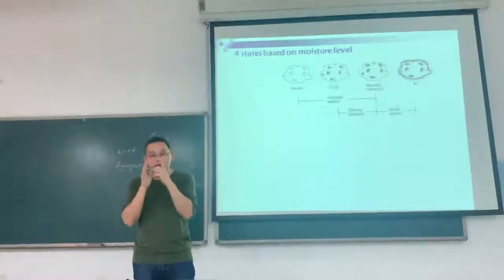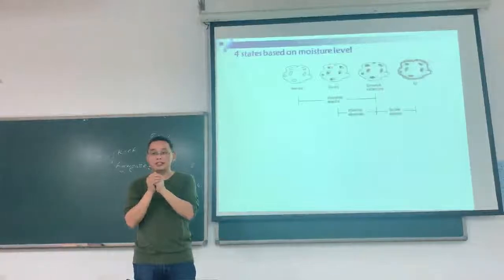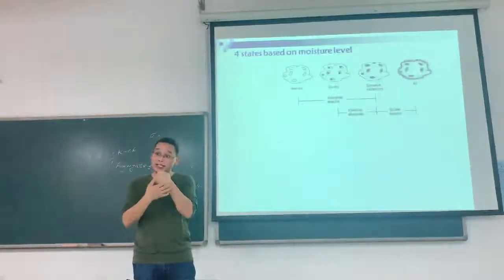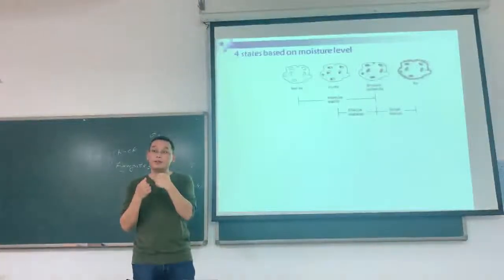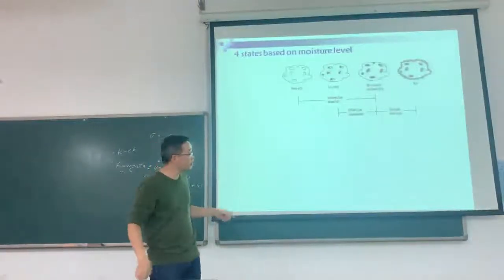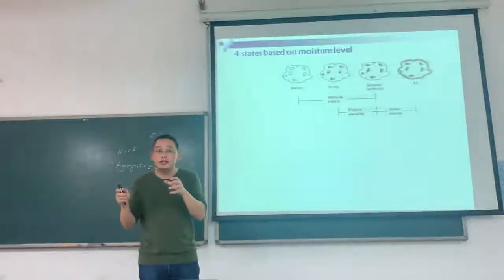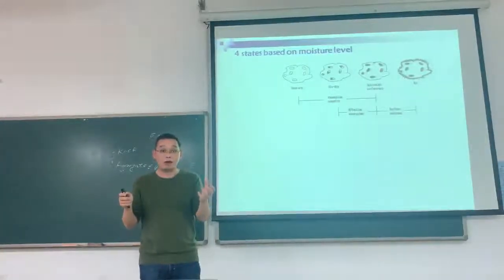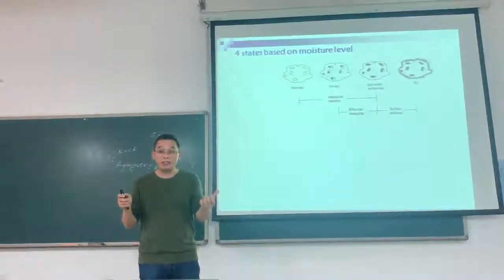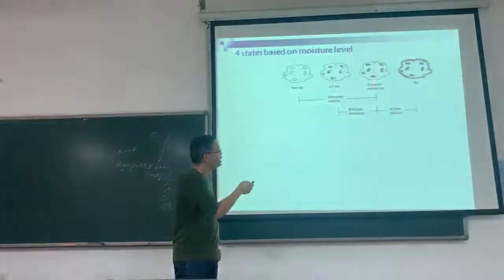But we can imagine it. The time of this state is limited. Yeah? We can keep this state. The time of this state is very short. Maybe just half an hour. Maybe just 20 minutes. Yes, one hour. Yeah. So this is the saturated surface.